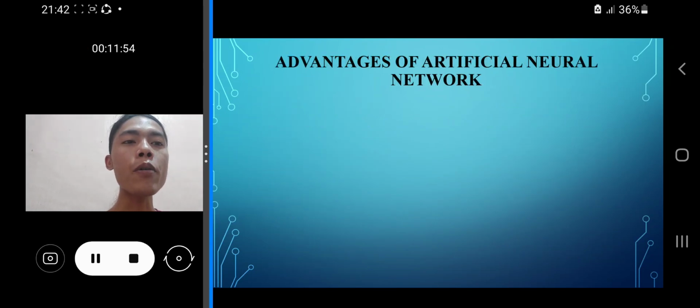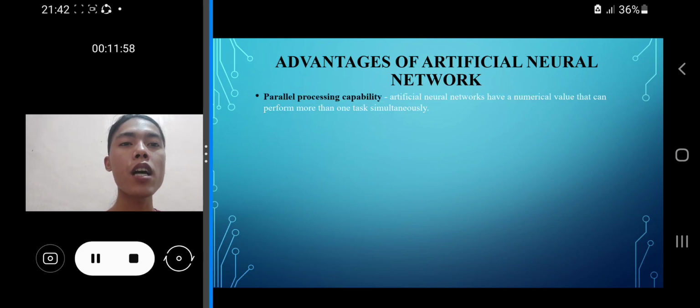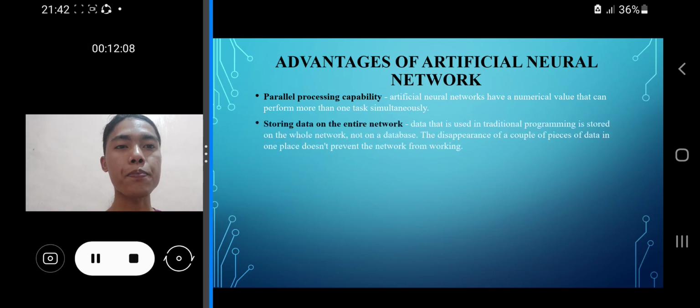Now, we're going to tackle the advantages of the artificial neural network. The first is parallel processing capability. Artificial neural networks have numerical values that can perform more than one task simultaneously. The second is storing data on the entire network. Data that is used in traditional programming is stored on the whole network, not on a database.